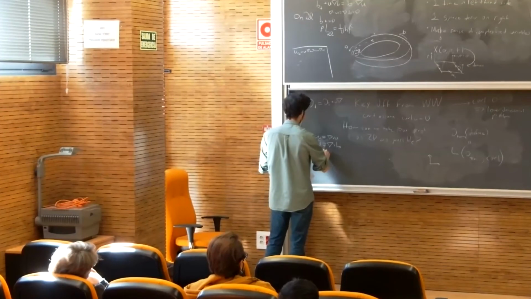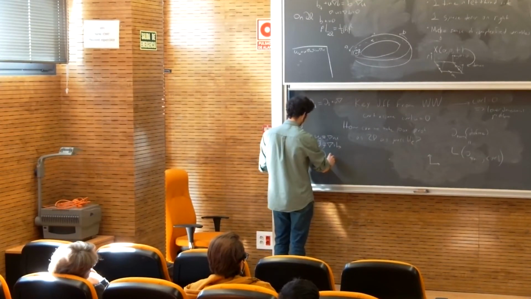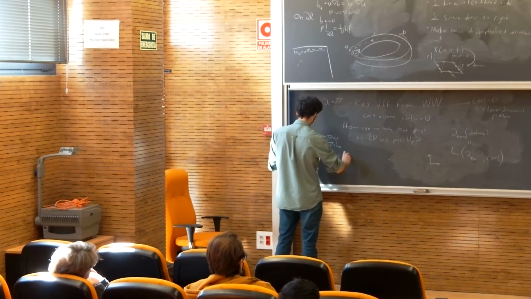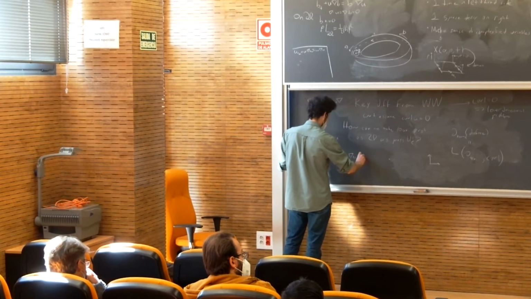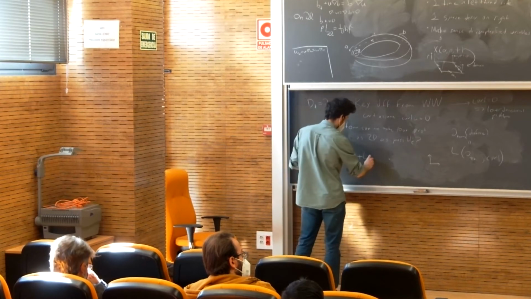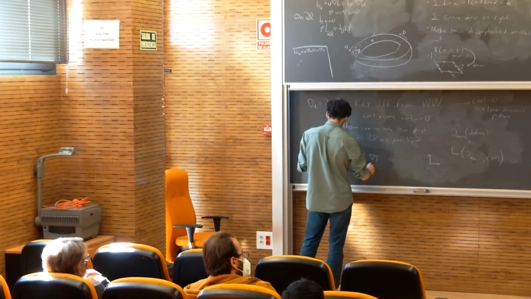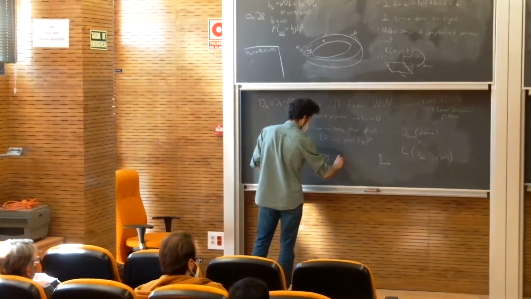You find just by taking the curl of those two equations that dt omega is equal to omega dot grad U plus E dot grad J minus J dot grad B.